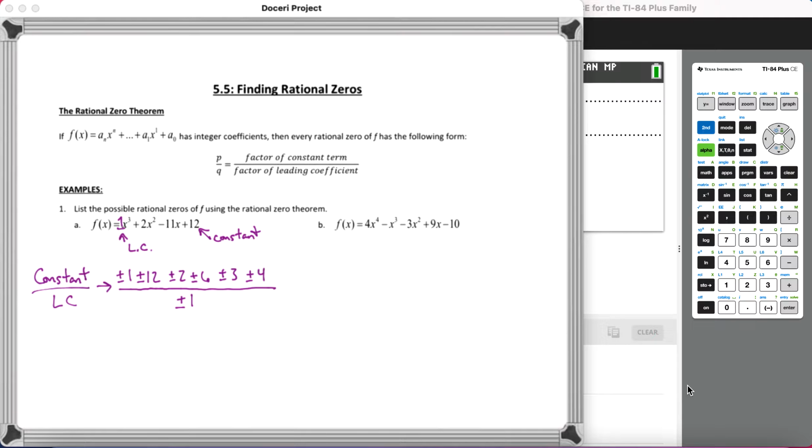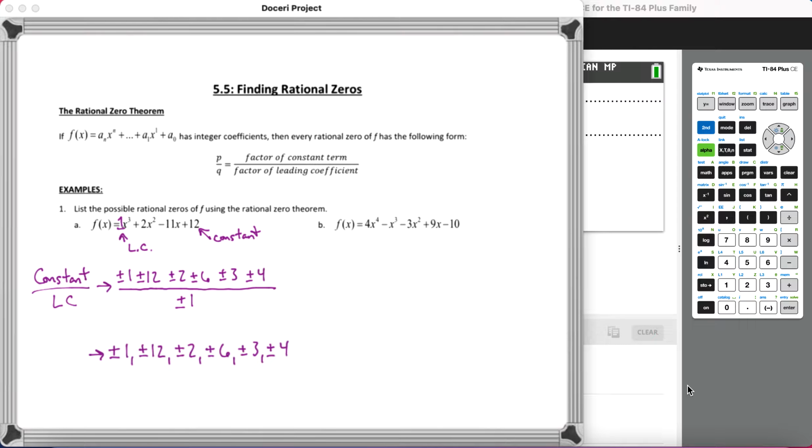So what you would do here is take every number from the top, every number on the bottom, and divide them and simplify to come up with your list of possibilities. What makes this a little bit simpler is there's only one value to divide by, that plus minus 1. All those numbers from the top would get divided by 1, so really not a whole lot is going to change because dividing by 1 doesn't do anything. So your possibilities would be plus and minus 1, plus and minus 12, plus and minus 2, plus and minus 6, plus minus 3, and plus minus 4.